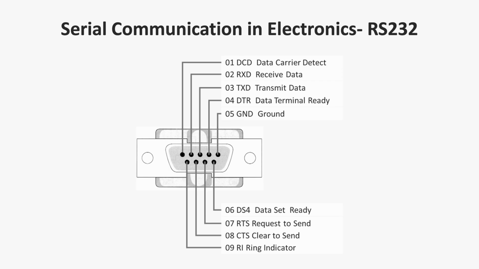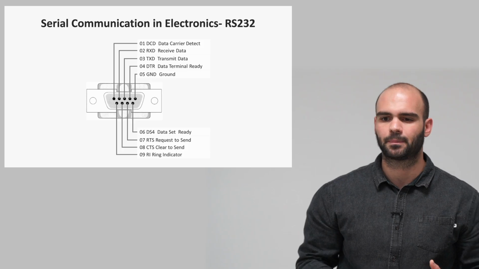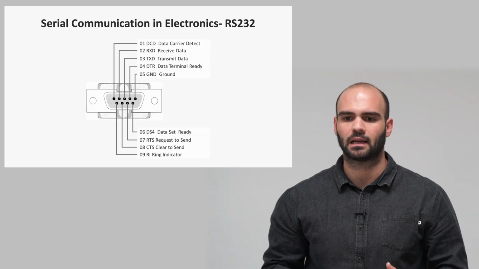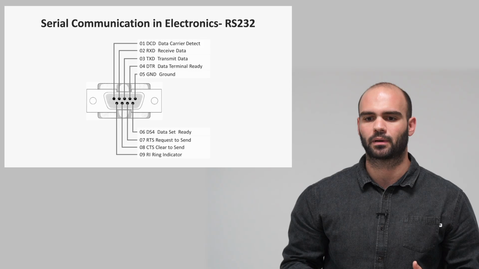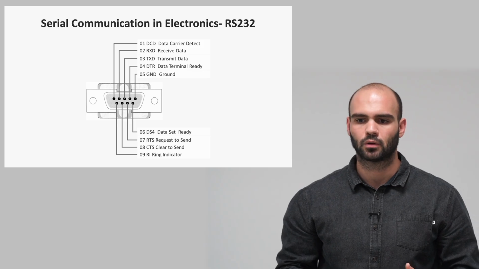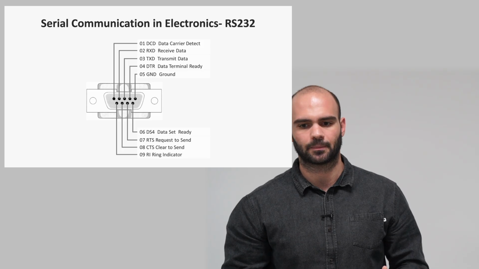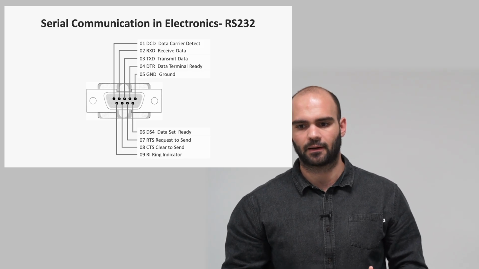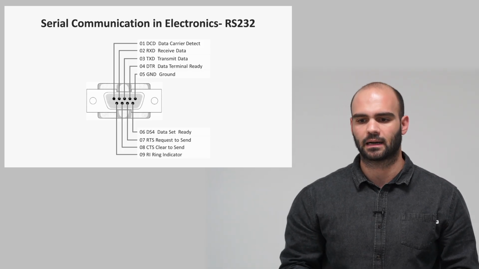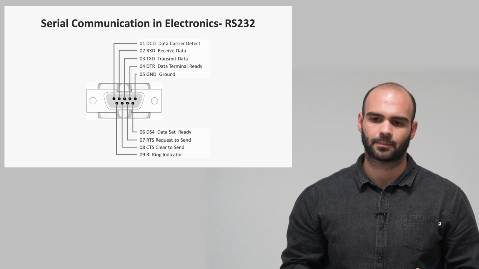Here, we can see the RS-232 connector and pin configuration. RS-232 typically uses a 9-pin connector, also called a DB9 connector. Each pin has a specific function that allows two devices to exchange data properly. For example, pin 2 is used to receive data, while pin 3 is used to transmit data. The ground pin, number 5, provides a common electrical reference between the two devices.